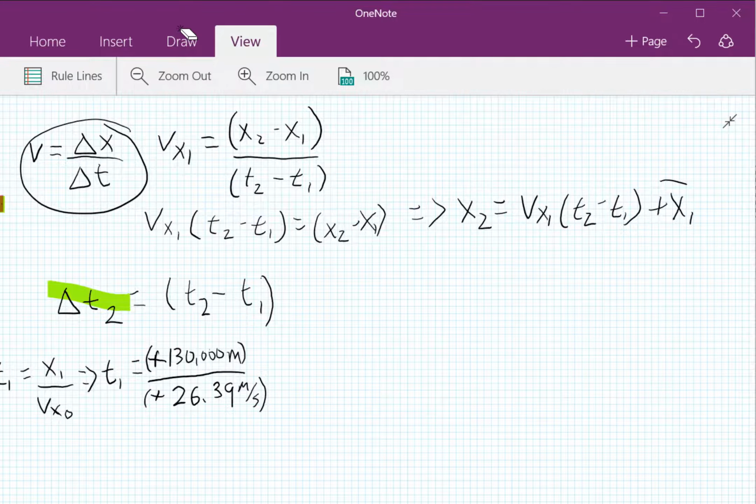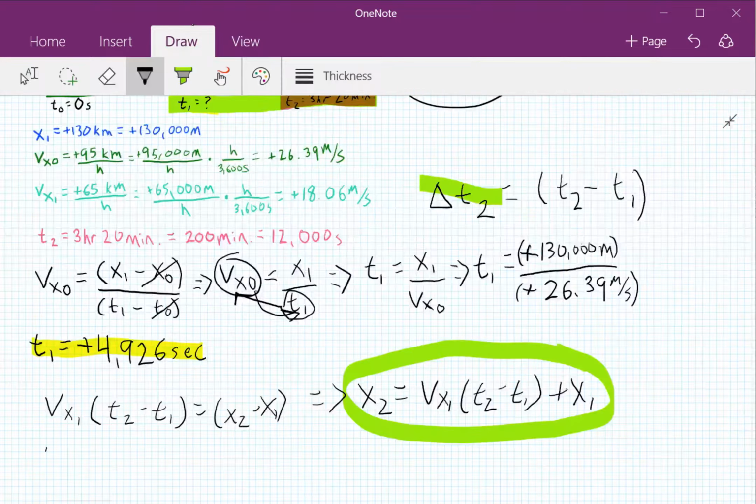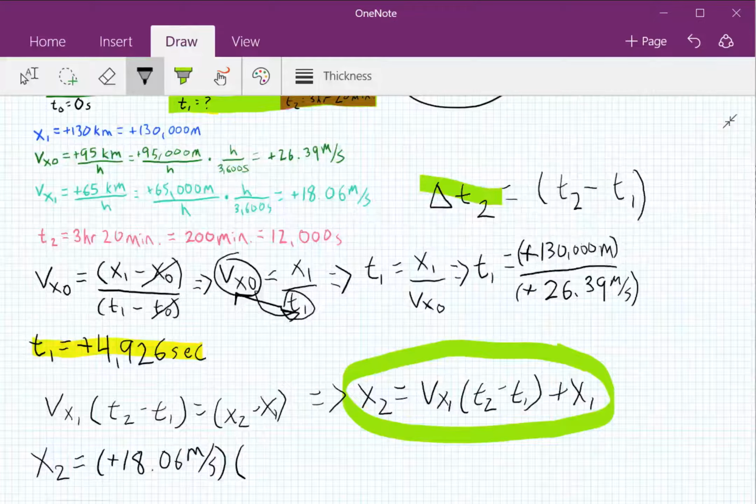Vx1, so I'm going to start it down here. X2 equals Vx1, which was a positive 18.06 meters per second. T2 was that time that we were originally converting, that 12,000 seconds.